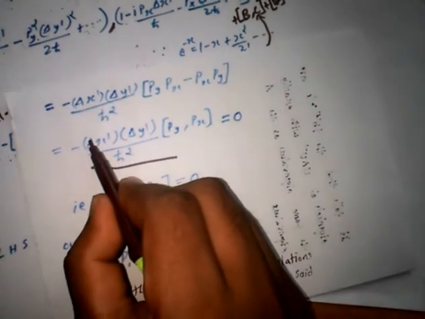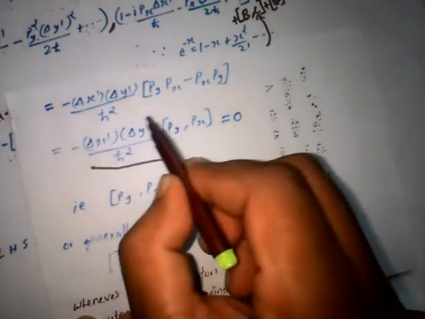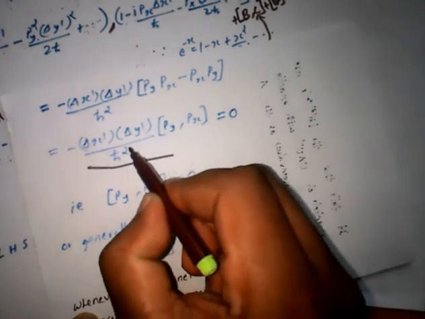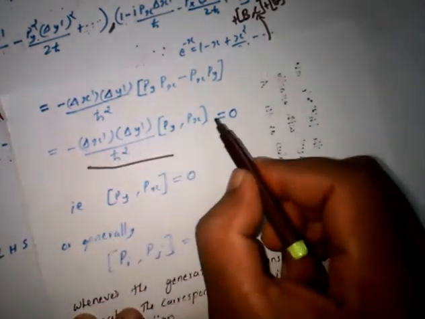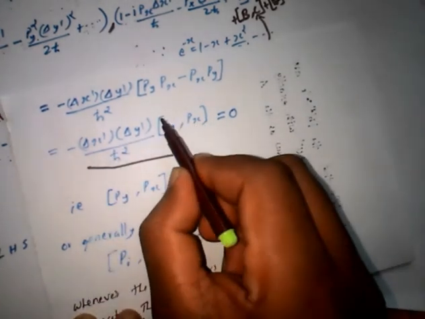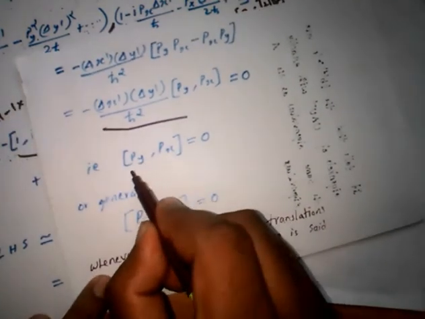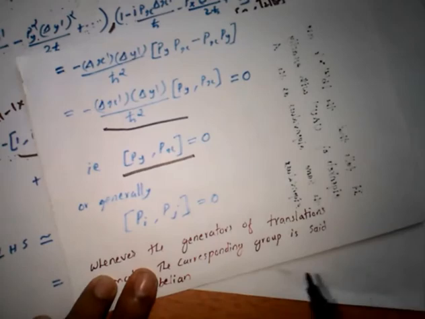So δx' and δy' are finite distances, and ħ squared is a constant, so we can understand the commutator of py and px equals 0.